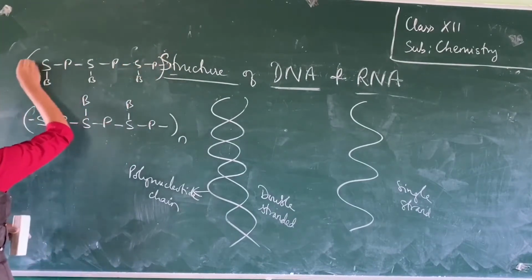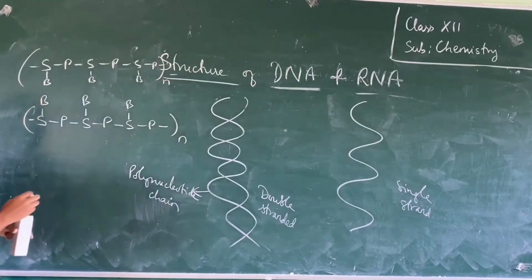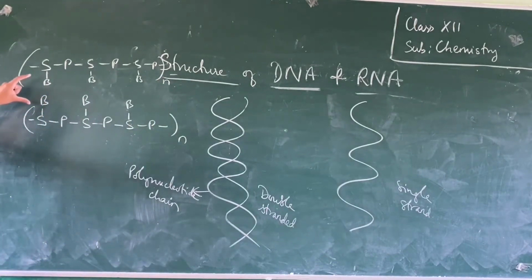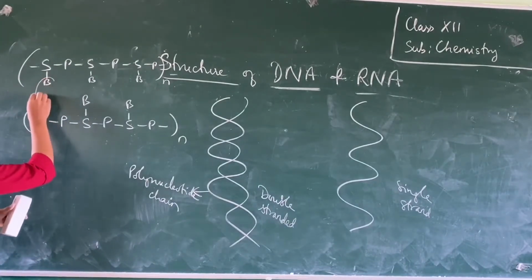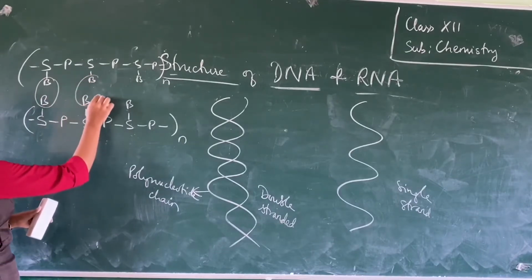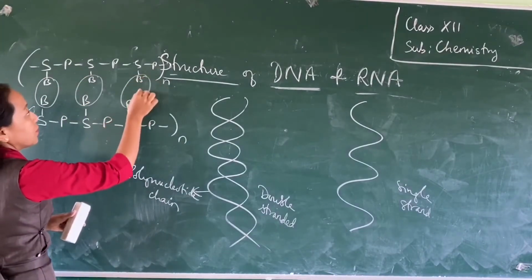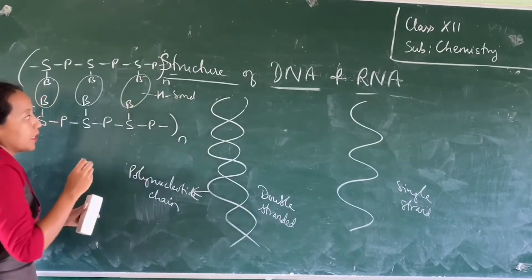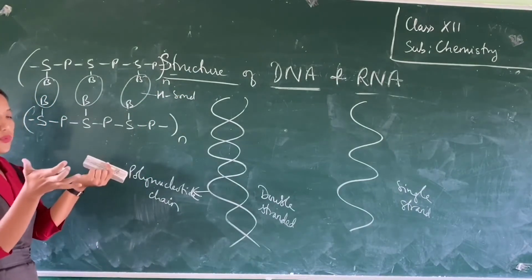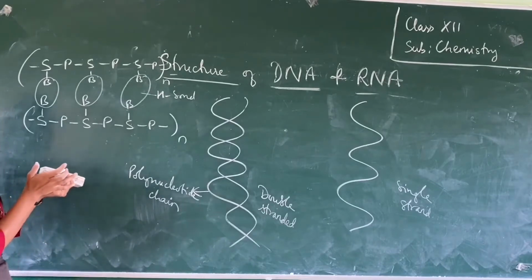Again, it goes on. The bonding between the two strands is between these two bases. There is formation of hydrogen bonds between these bases, because of which these two strands are connected to one another.